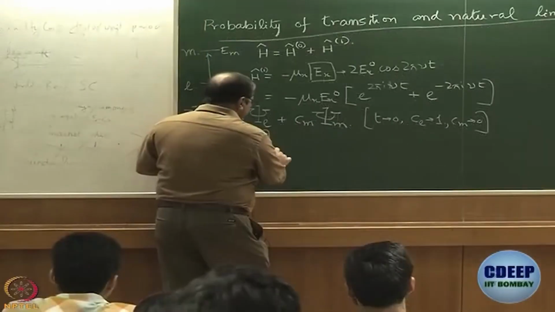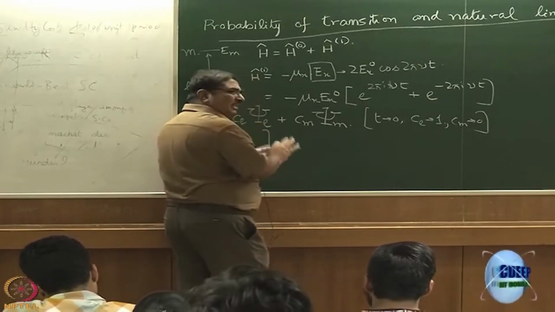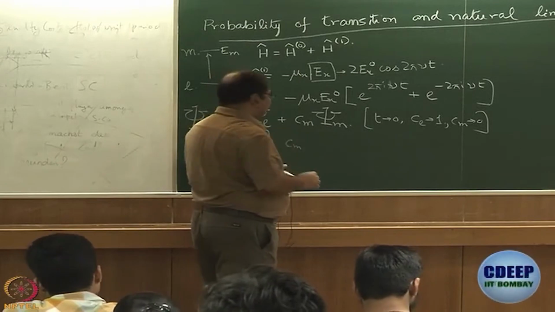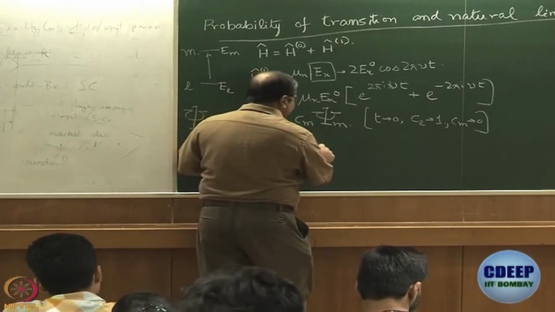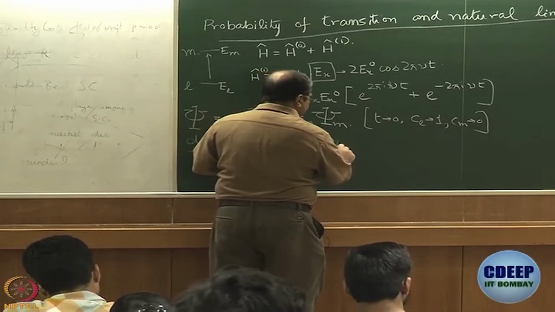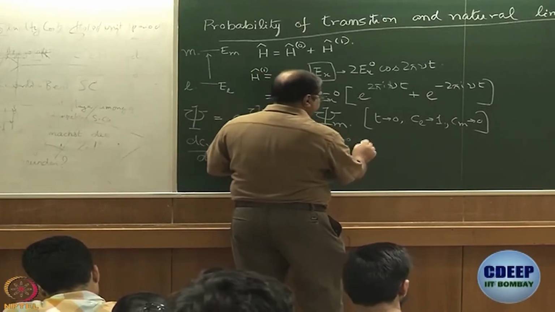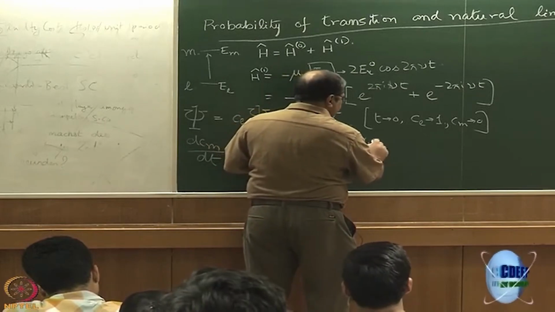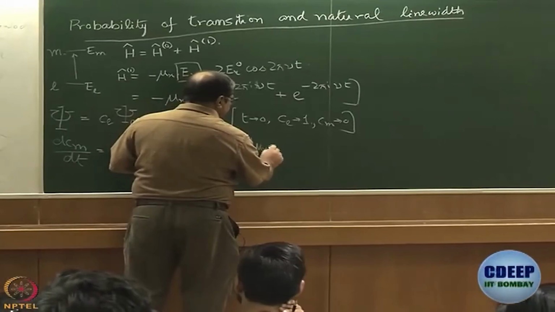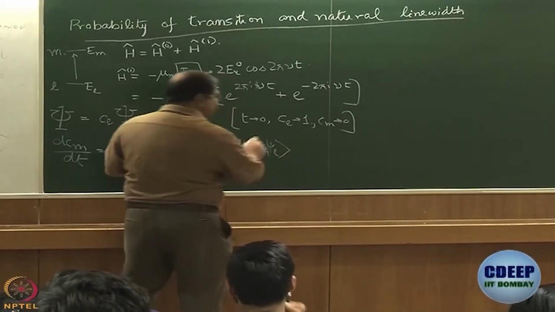From here, I think so far we have reached here. Cm, I'll just write Cm for now. Actually, it is the absolute value of Cm. Cm has turned out to be Ex0 multiplied by the integral of psi m mu x psi l over all space.